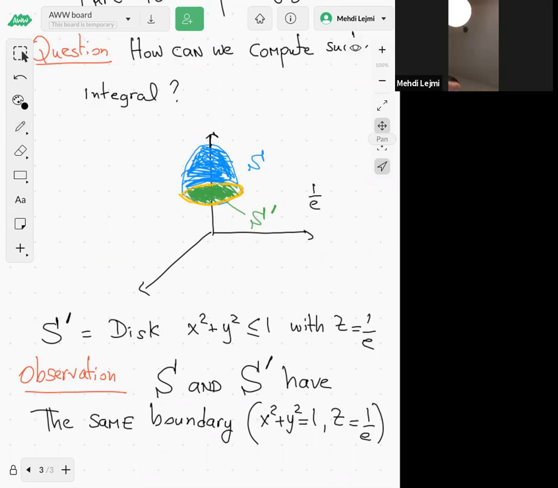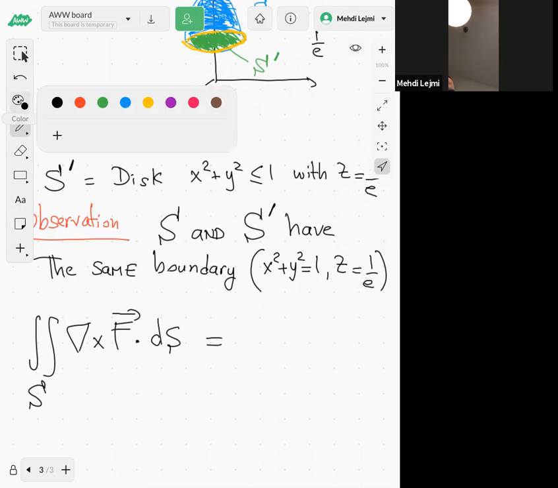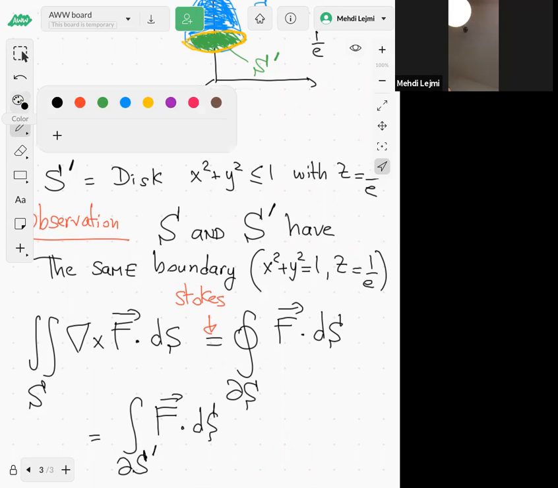So if you want to compute this curl of f along the surface S, by Stokes' theorem this is the integral of F along the boundary of S. But S and S prime have the same boundary, so this integral is also equal to the integral of F along the boundary of S prime.